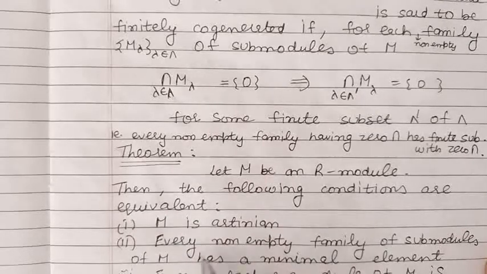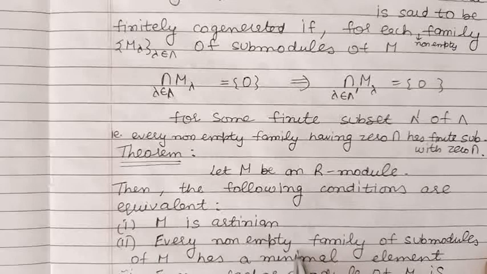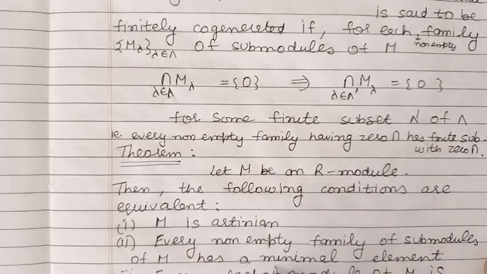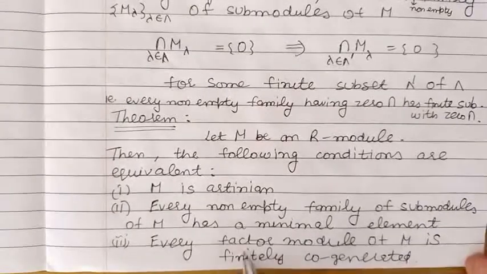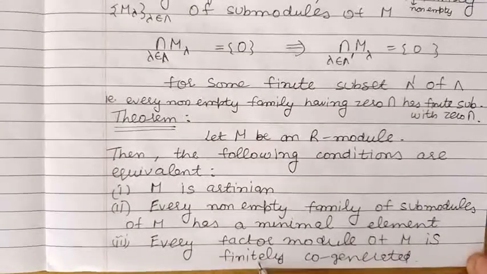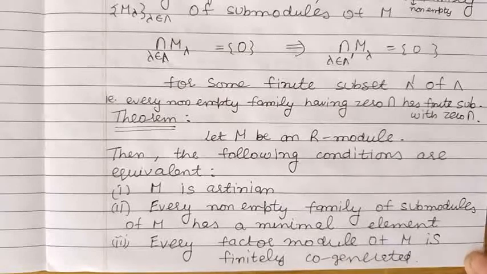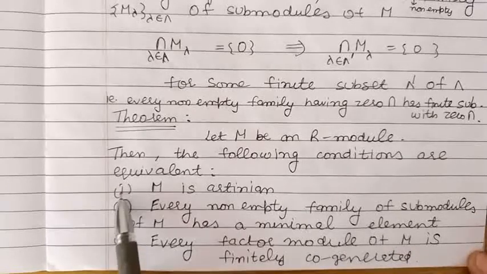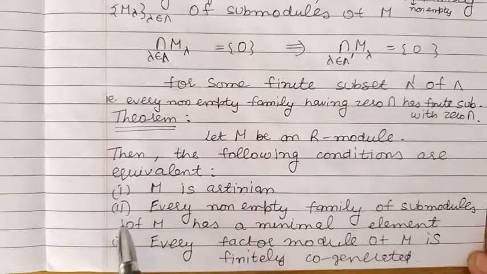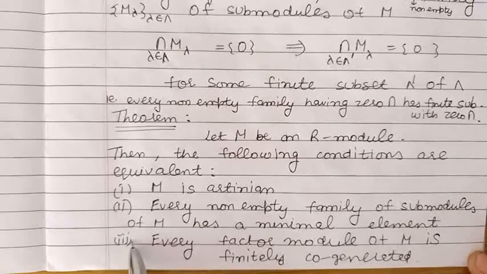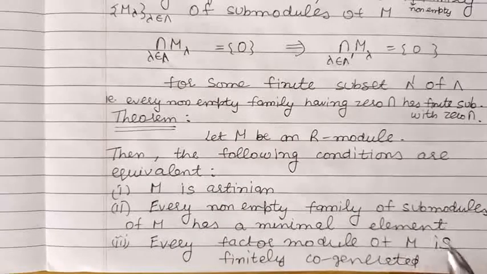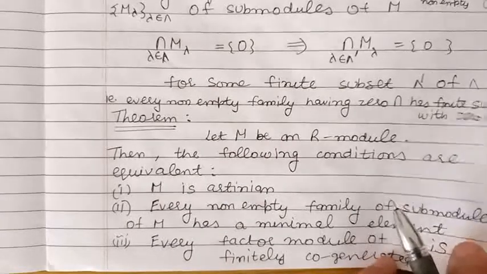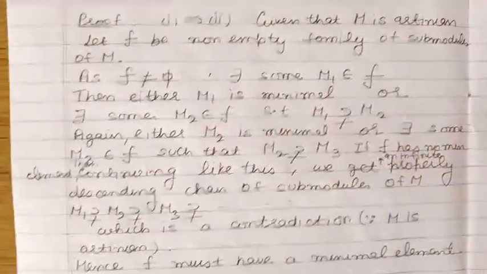Second, every non-empty family of submodules of M has a minimal element. Third condition, every factor module of M is finitely co-generated. We have to prove that condition 1 implies condition 2, condition 2 implies condition 3, and condition 3 implies condition 1. So first of all, let us prove condition 1 implies condition 2.